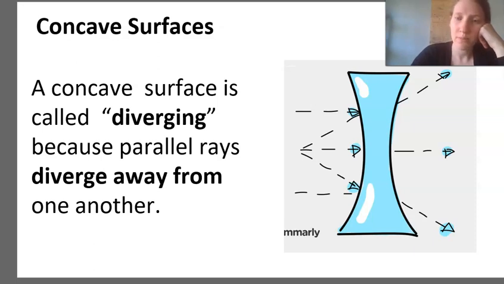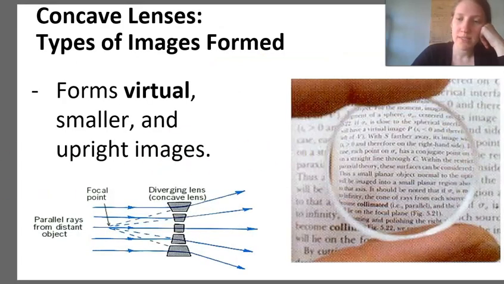That just describes this outward part right here that's facing the object. They're going to spread out, diverging. So an example of this would be a type of magnifying glass that doesn't magnify, but makes things smaller.